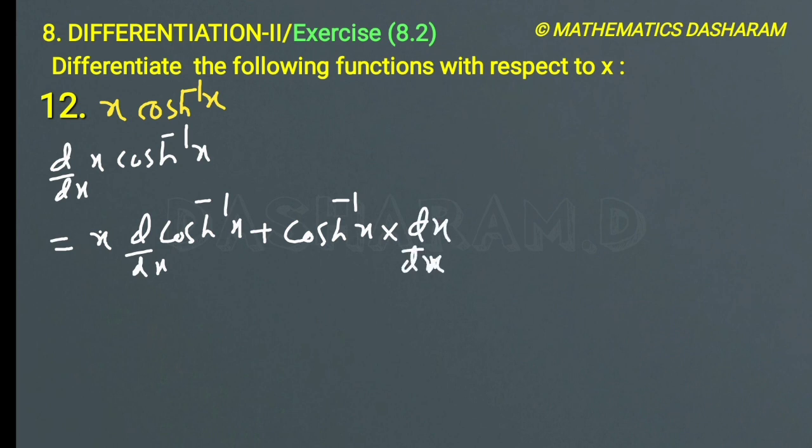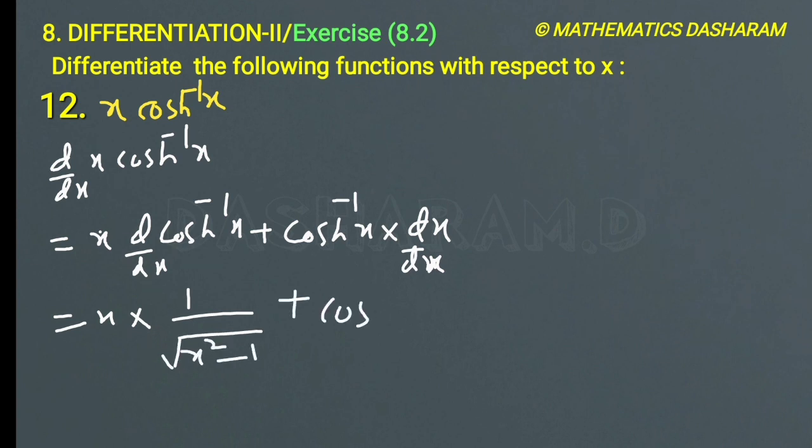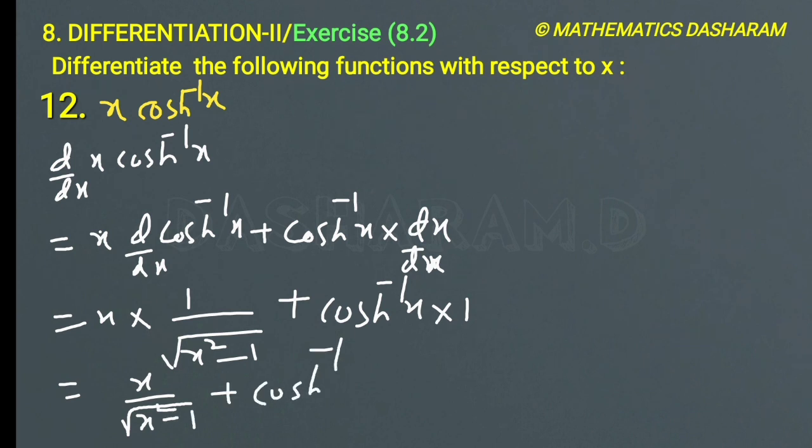So then x into derivative of cos h inverse x, which is 1 by under root x square minus 1, plus cos h inverse x into derivative of x, which is 1. So then x divided by under root x square minus 1 plus cos h inverse x is our required answer.